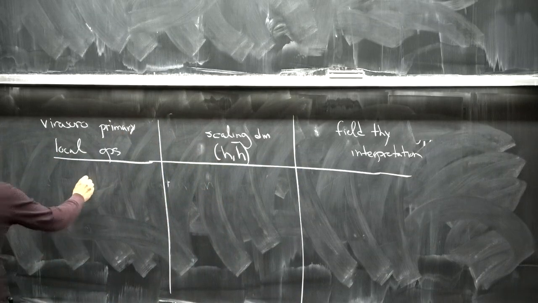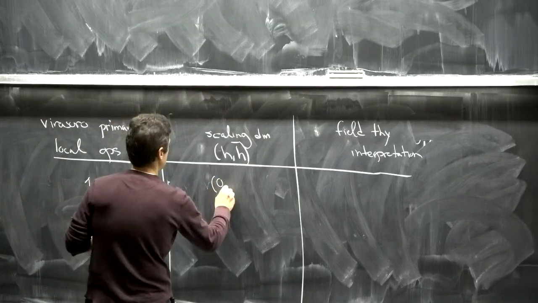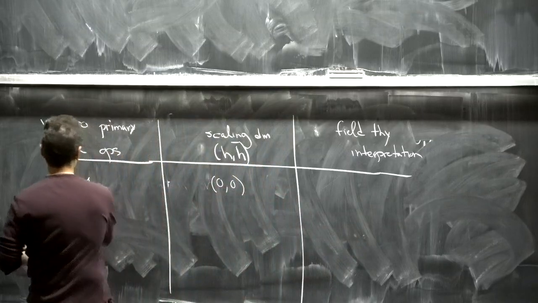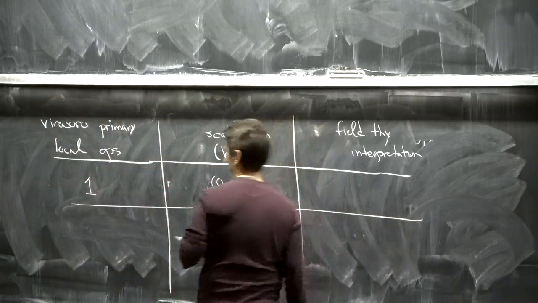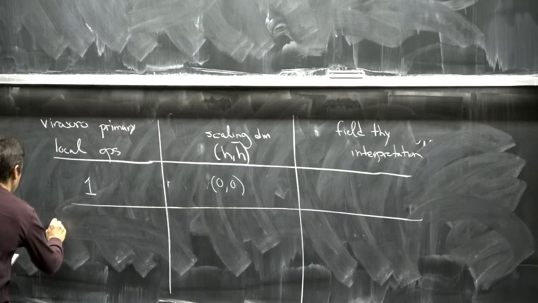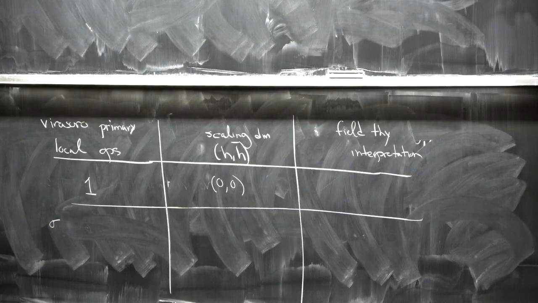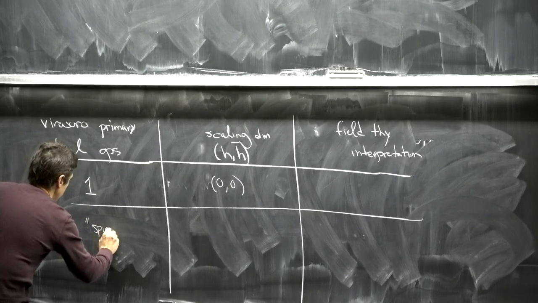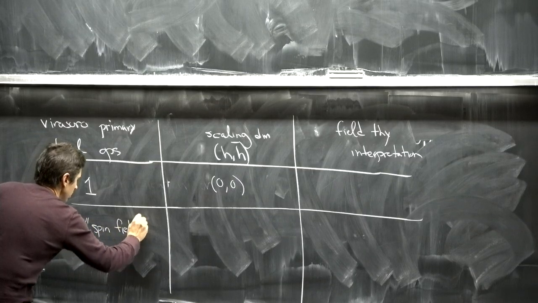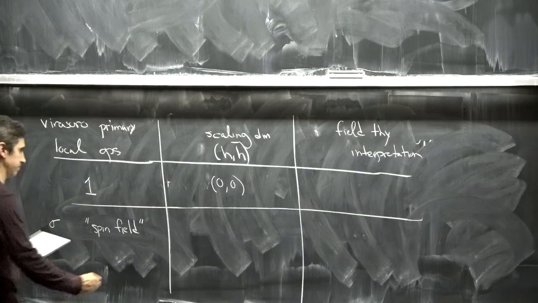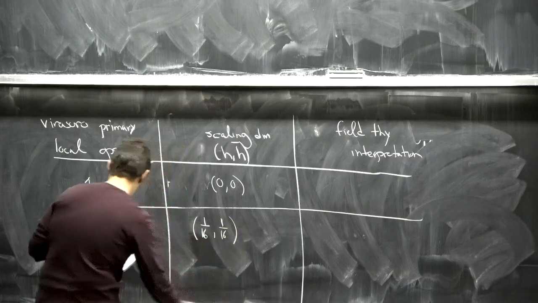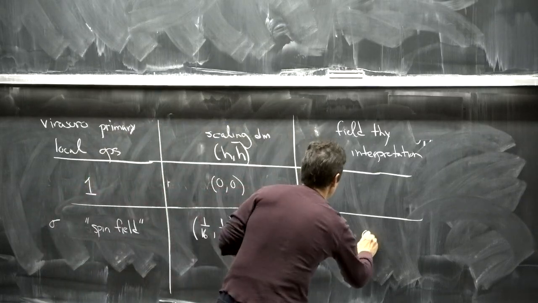OK, so it's the identity, scaling dimension 0, 0. And I don't even need to write anything here. The next one is called sigma. There are various different names in the literature. I'll call it sigma. Sometimes called the spin field. And you should think of this as the infrared avatar of phi.